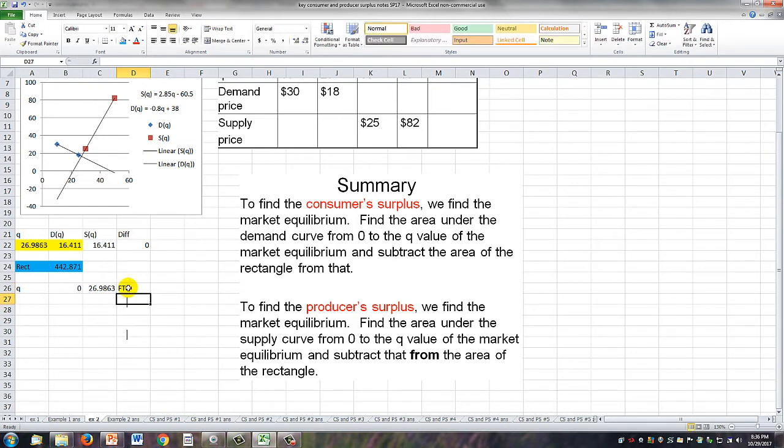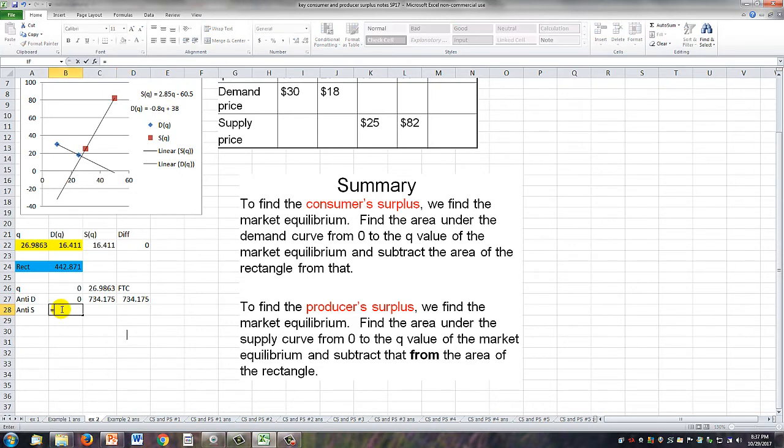The FTC doesn't change. And then right here, I'm going to type in anti-D, and here I'll type in anti-S, and my antiderivative demand is negative 0.8 times Q squared divided by 2 plus 38 times Q. And I'll drag that and create an FTC formula, which is upper limit area minus lower limit area.